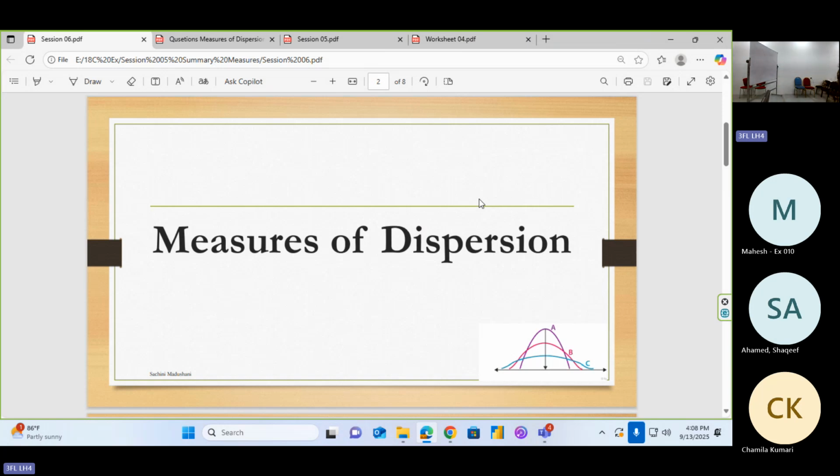Now we have studied central frequency measurements and the measures of location. The third one is measures of dispersion.